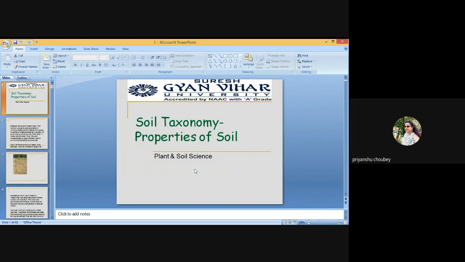Typic is used for the central concept of a great group; others are used to indicate integrative soil properties. Family: the soil properties most important for plant growth are used to differentiate, like texture, mineralogy, and soil temperature regime, averaged over the control section.